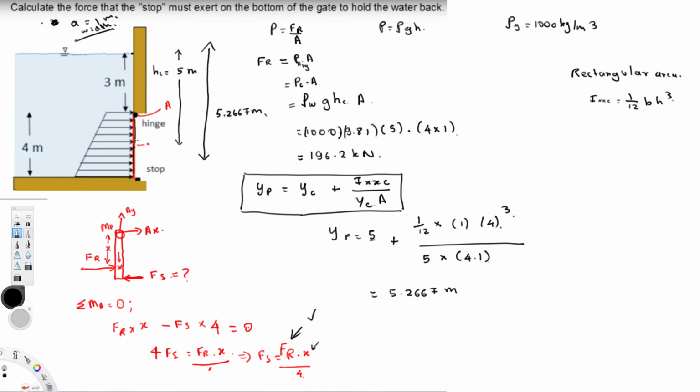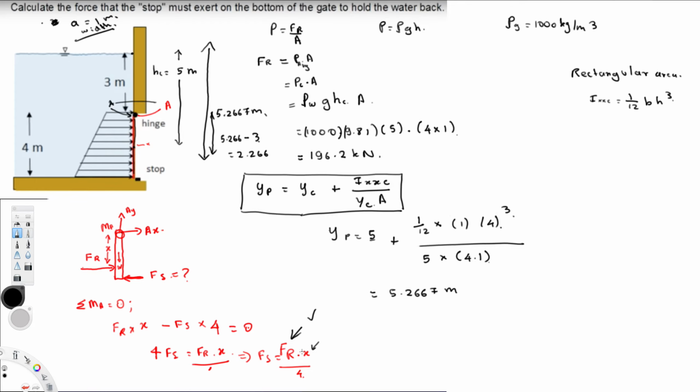Since we are using A as this point, I simply have to deduct 3. From here to here, the height is 5.2667 minus 3, which gives us 2.2667. This is the location where the resultant force is going to act.